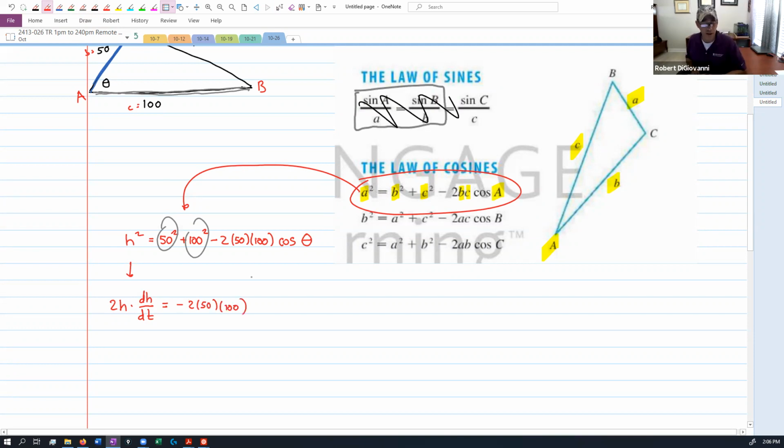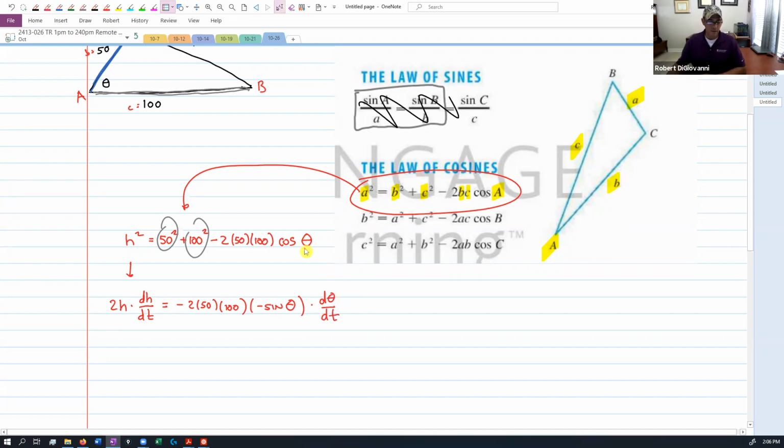What's the derivative of cosine theta? Negative sine theta, right? Negative sine theta, drum roll, times the derivative of theta over the derivative of time, d theta/dt. Do not forget the chain rule.